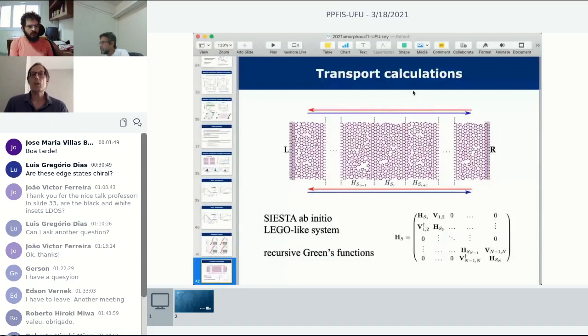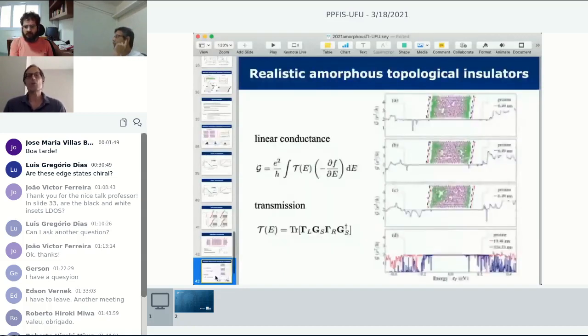So to calculate the transport, people worked hard. They did a lot of Lego calculations. They were patching all these guys, and you have different realizations. I think we had 10 different, and they were combined into very long wires by choosing at random these guys, and we can play all sorts of games.